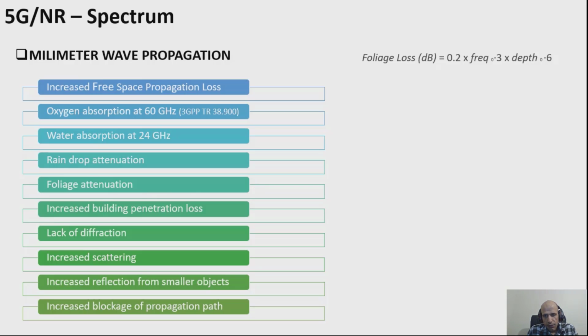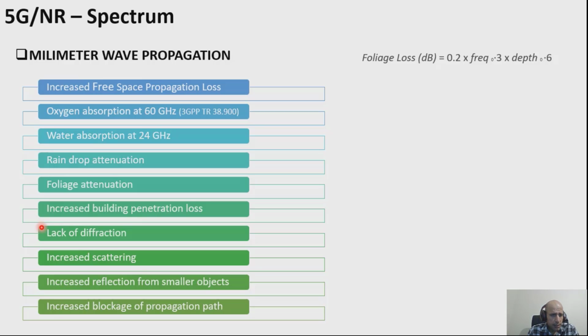foliage can lead to significant attenuation within the millimeter wave frequency range. The attenuation generally depends upon the carrier frequency and the depth of foliage. You can see this equation, where the frequency is in megahertz and the depth is in meters. For example, a frequency of 30 GHz and a depth of 10 meters leads to a loss of around 17.5 dB, which is very high.